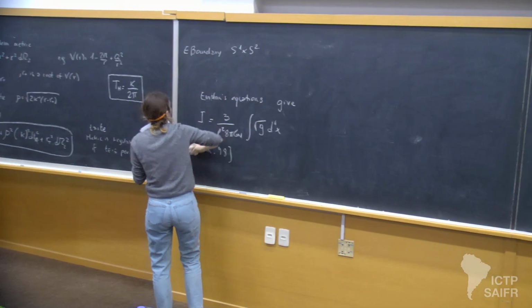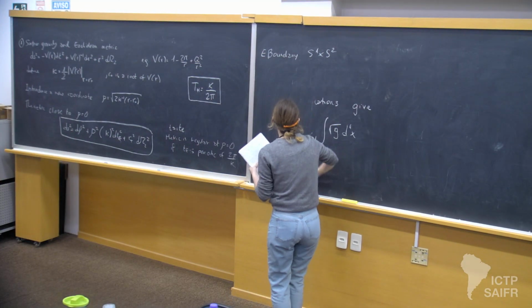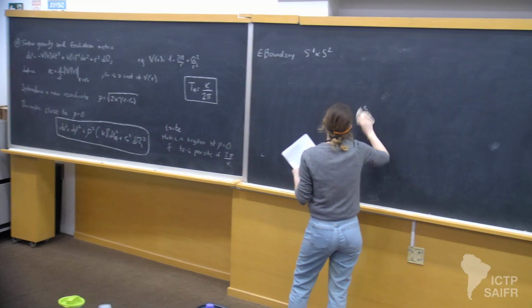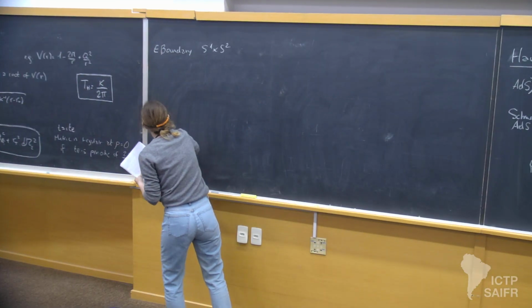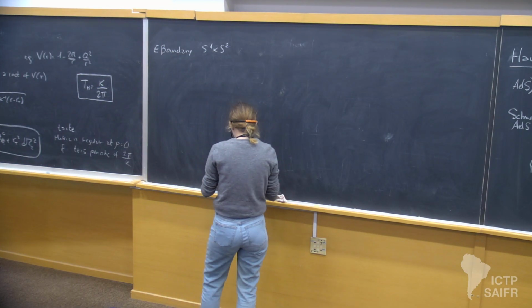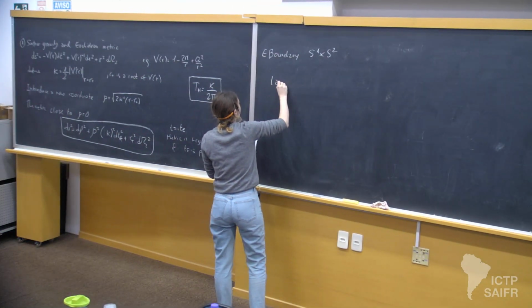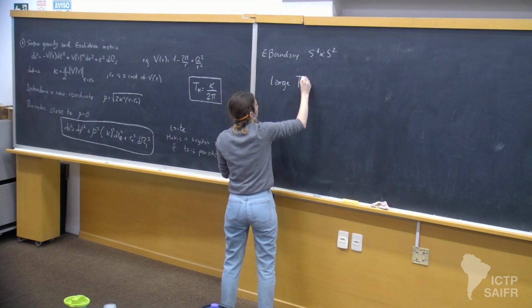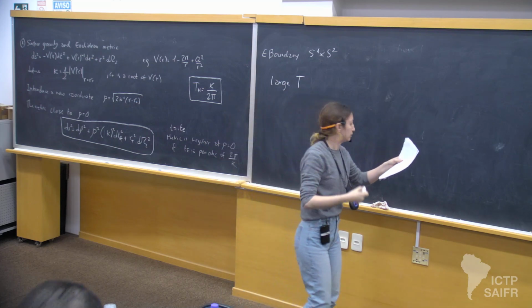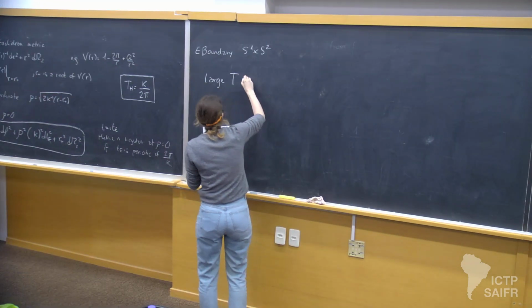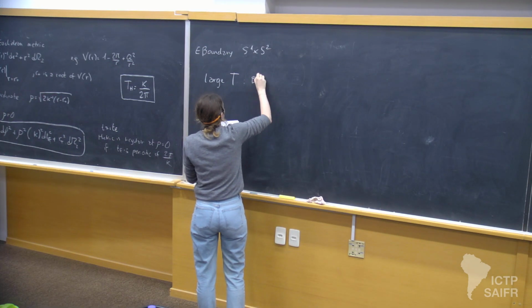Remember that large black holes have positive specific heat, so they are nice and well behaved, contrary to the small ones. But in general, the upshot is that for large temperature, so large R plus, but you can invert the relation, at large T the black hole is favored.